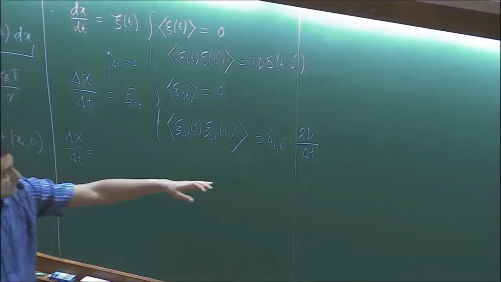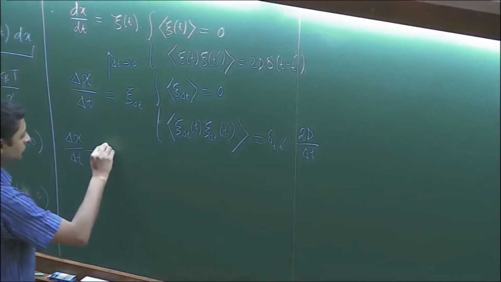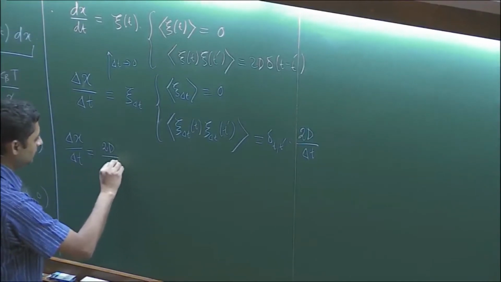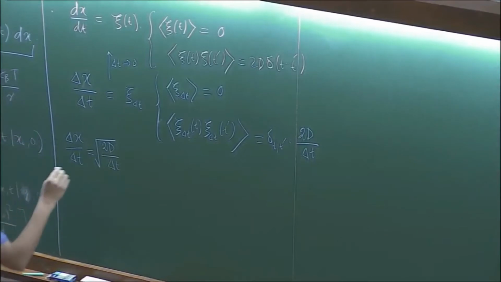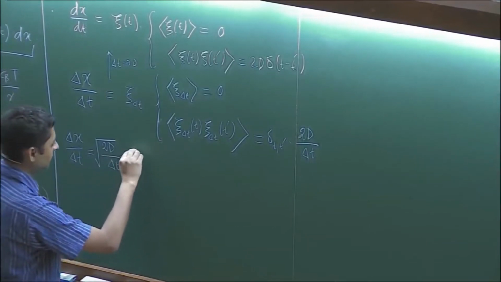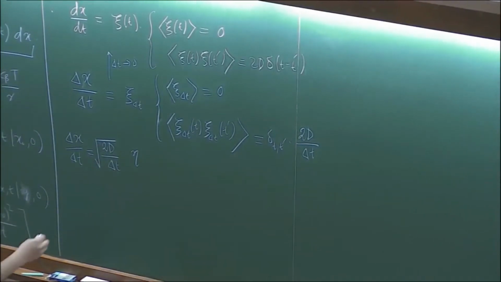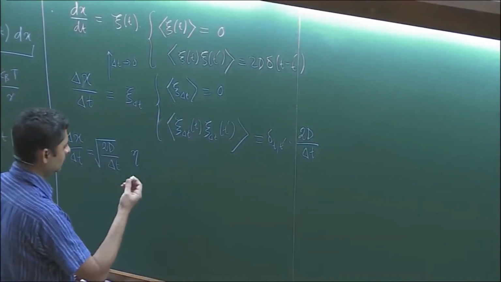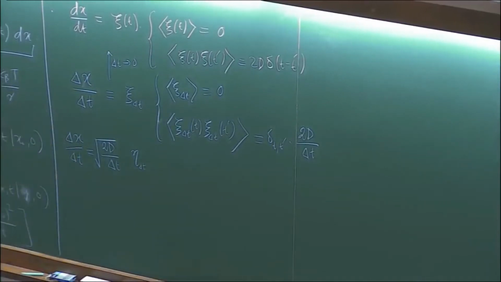So the variance is this one. So what will be the strength? So root over 2D by delta t. So now you will have some other random variable. Let me just call it eta, at the level of delta t.